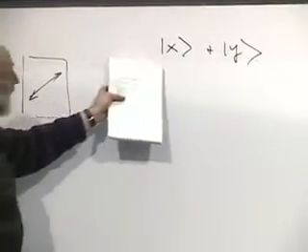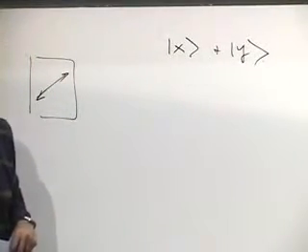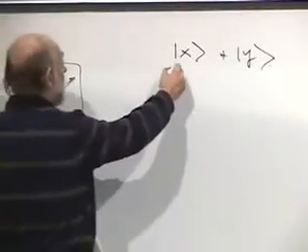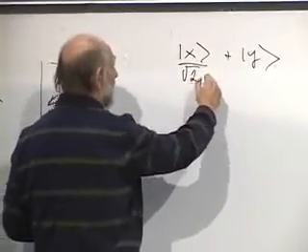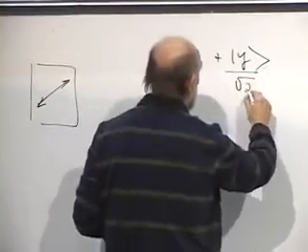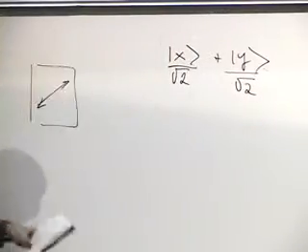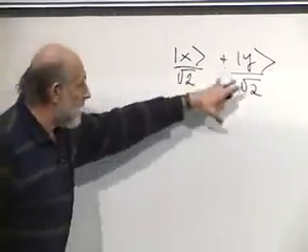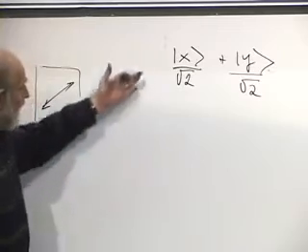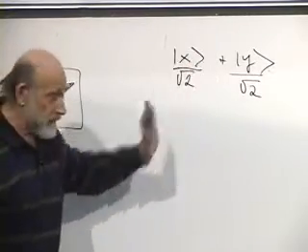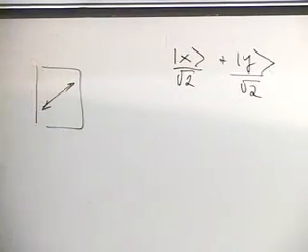It's not quite right because it's not normalized. So we throw 1 over square root of 2 in front of it. Now it's normalized. The sums of the squares of the coefficients add up to 1. 1 over square root of 2 squared plus 1 over square root of 2 squared is 1.